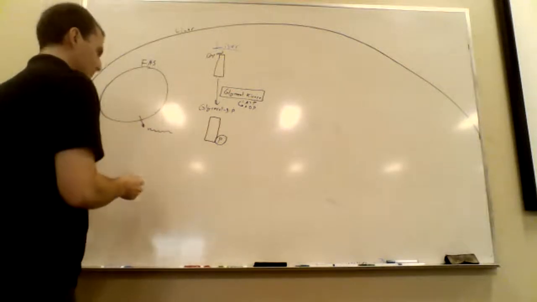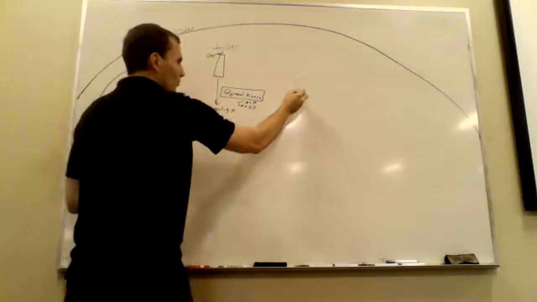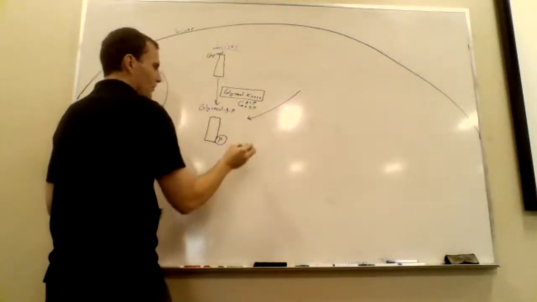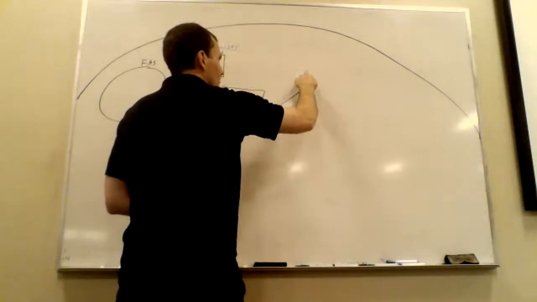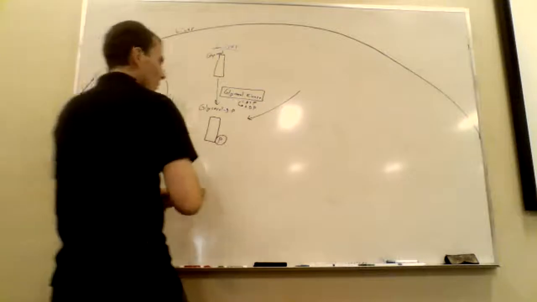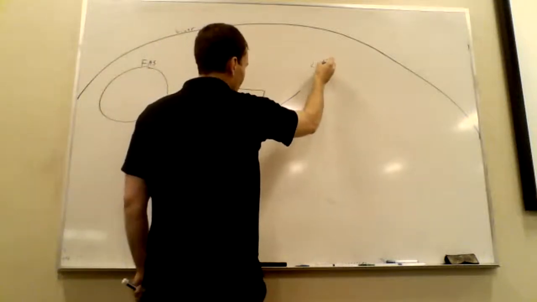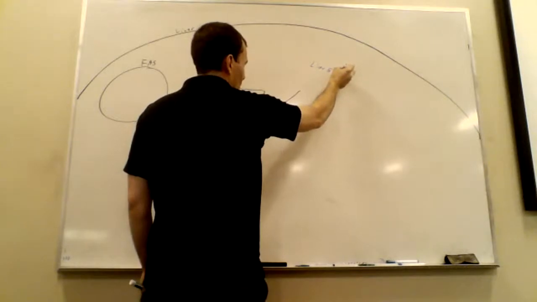That was pathway 1 of getting glycerol 3-phosphate. Pathway 2, no worries, can be seen in the liver, because the liver does practically everything, but also in adipose or fat cells.